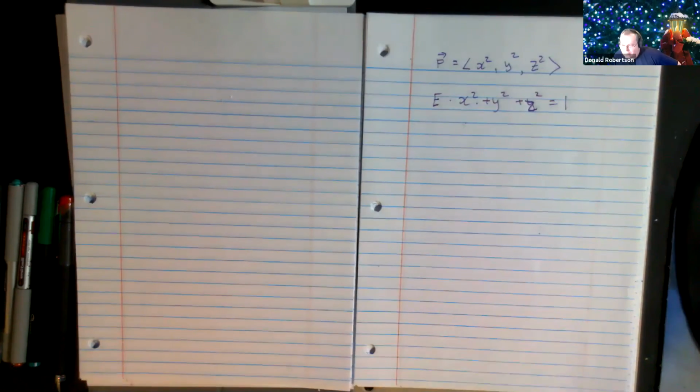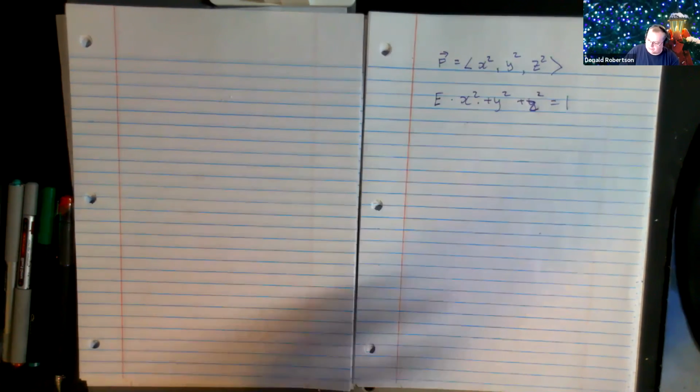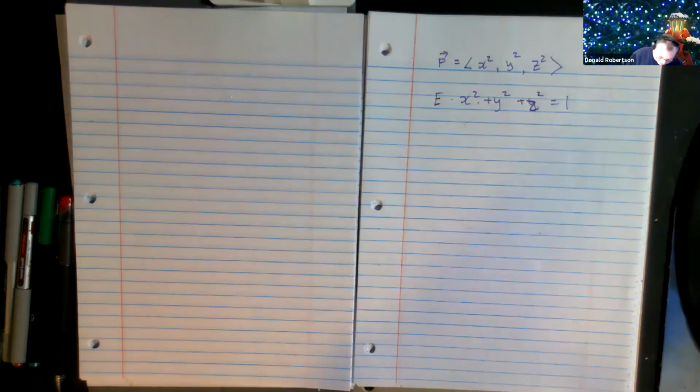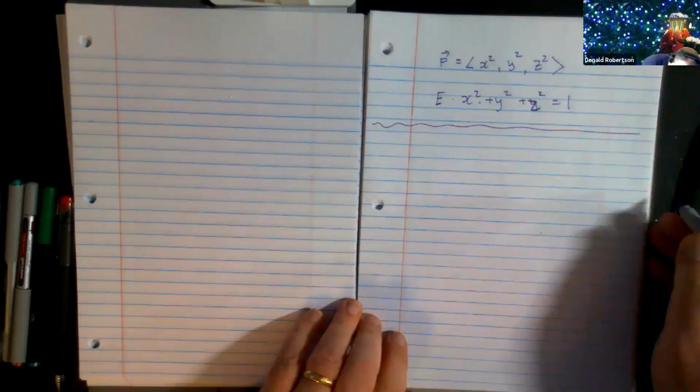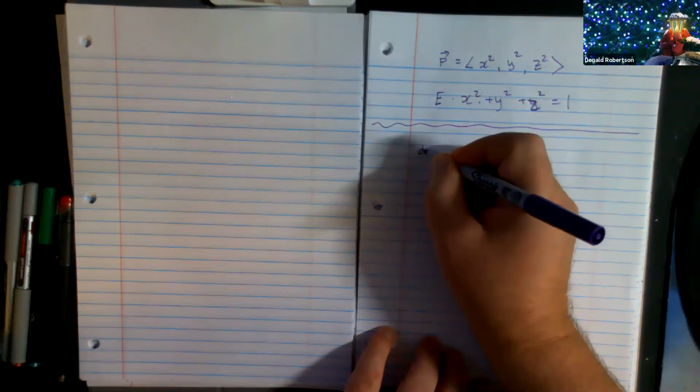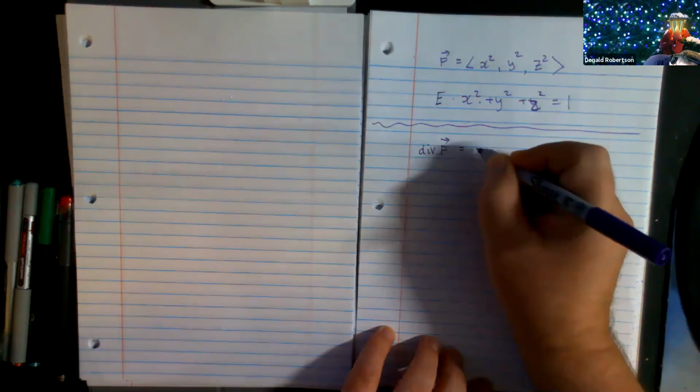Do you think I have got a fighting chance that this might be a nice answer? So basically, this is your vector function. The solid is a sphere, right? A ball centered at the origin, radius 1. That's good. I'm taking no chances by finding the divergence first.